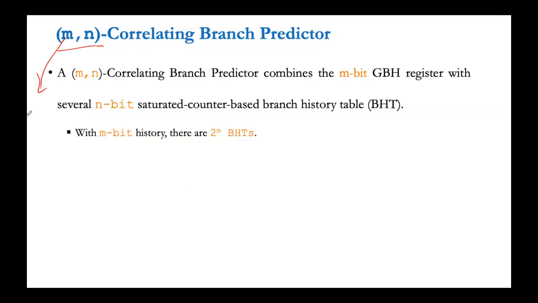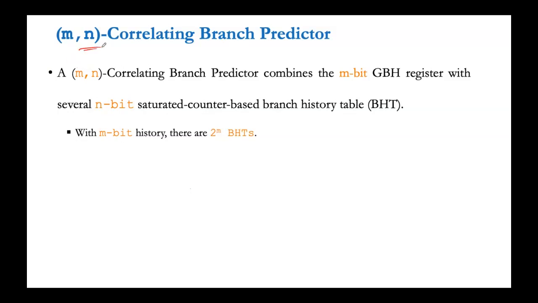This m says how many branches will be taken to predict whether the next branch will be taken or not. So we can say that this m-bit history records the previous branches.